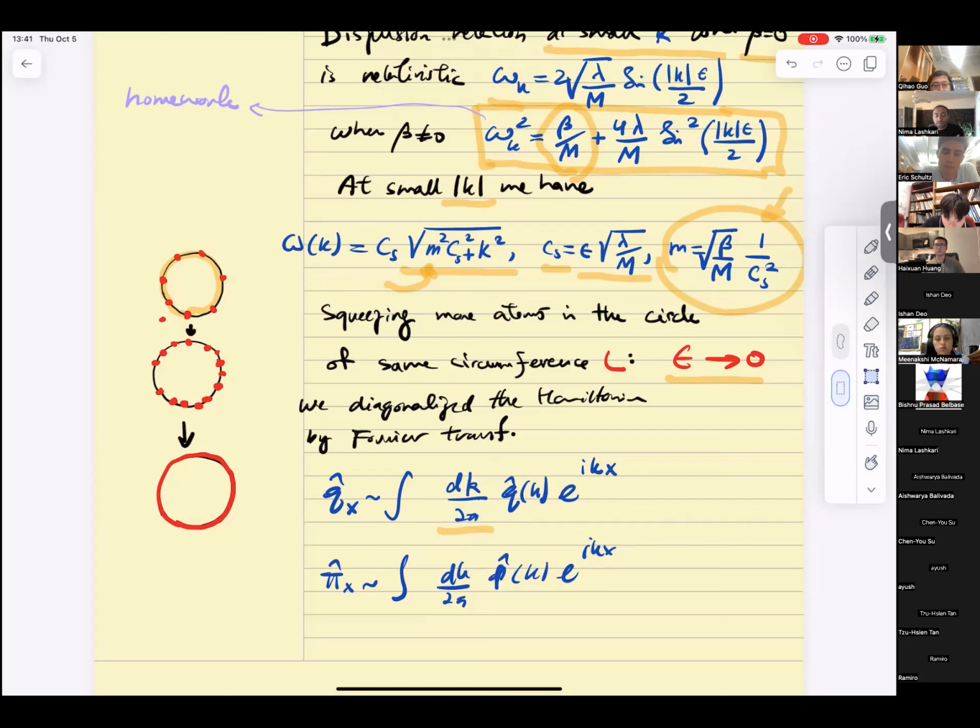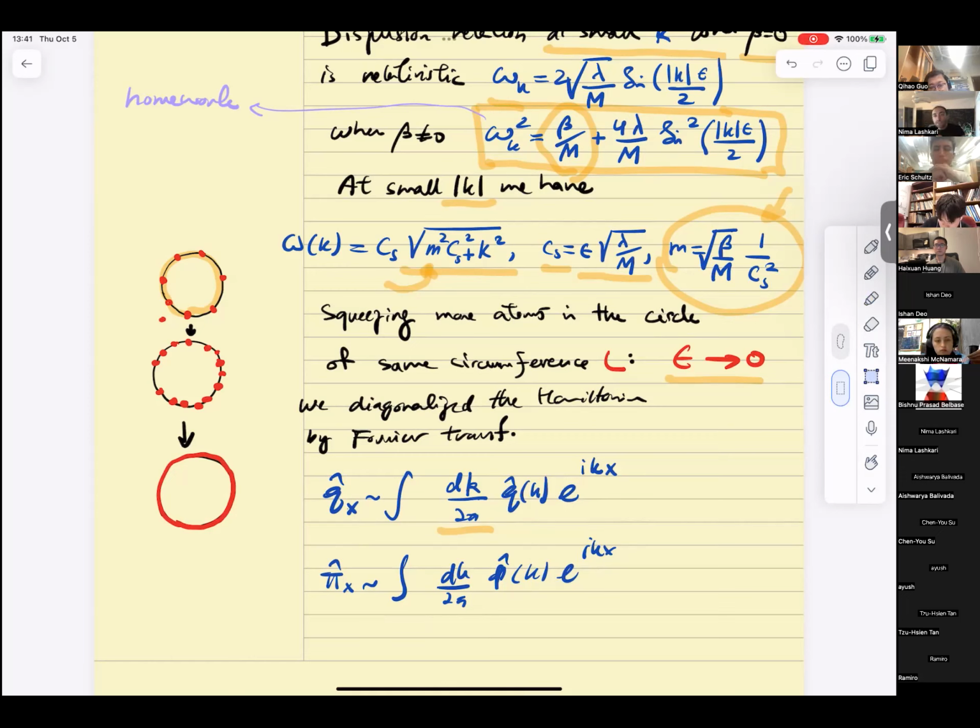Why are we calling these divergences? Just to give you some physical intuition, let's say you're in a setup where every single atom has a finite amount of energy. Then, as capital L goes to infinity, you pick up a volume factor. So that's an IR divergence. Now, if your capital L is fixed, but you squeeze more atoms inside your circumference, you pick up a UV divergence.